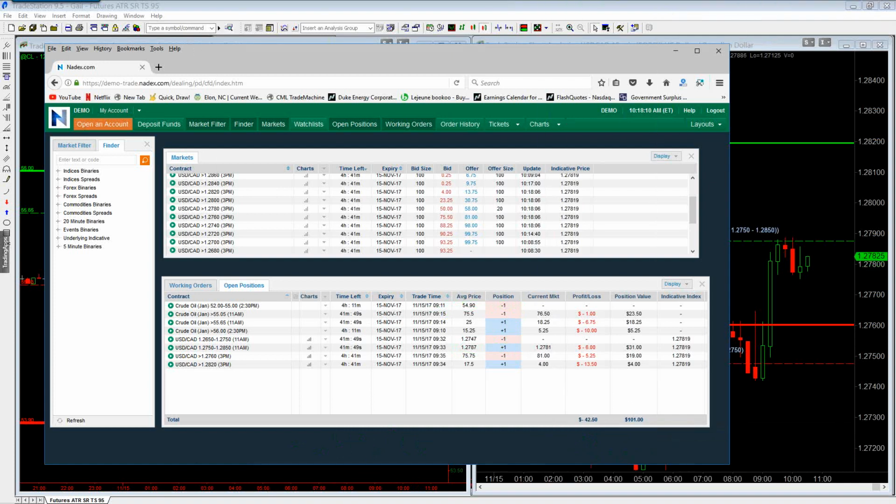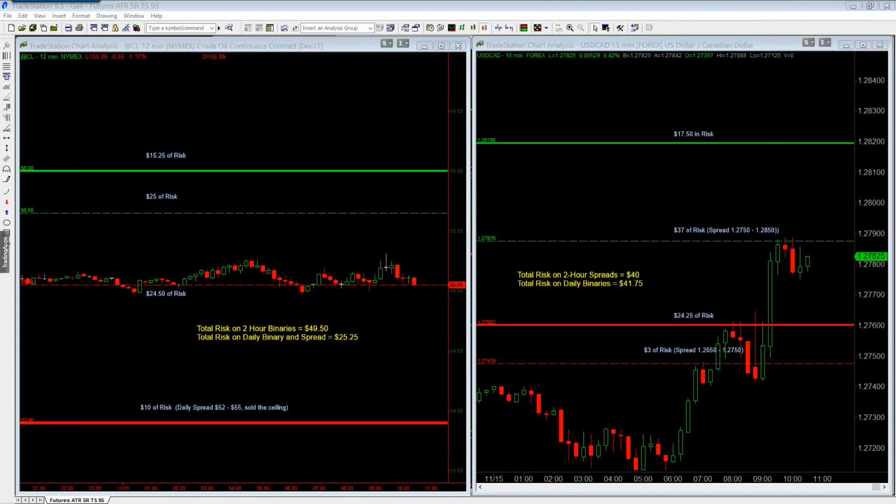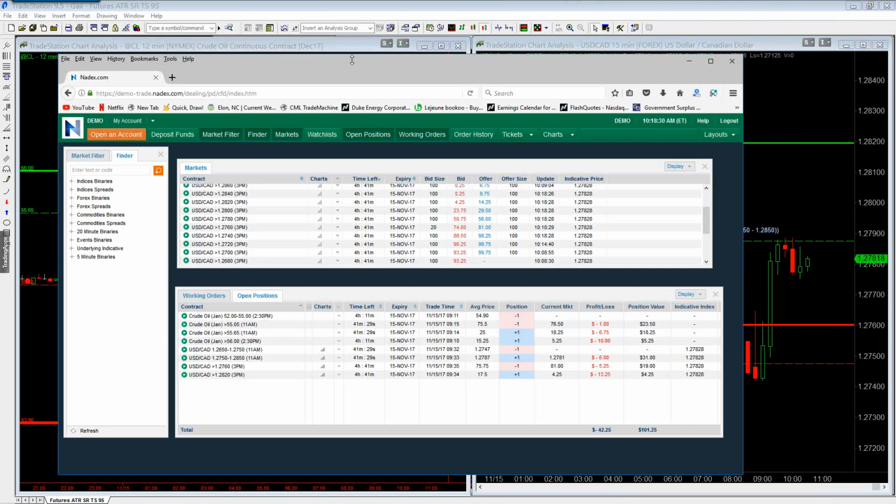Now, these are just a couple of examples of what you can do when you're trading a market report with binaries and spreads. Do I place my orders right away? Typically, yes, I do.